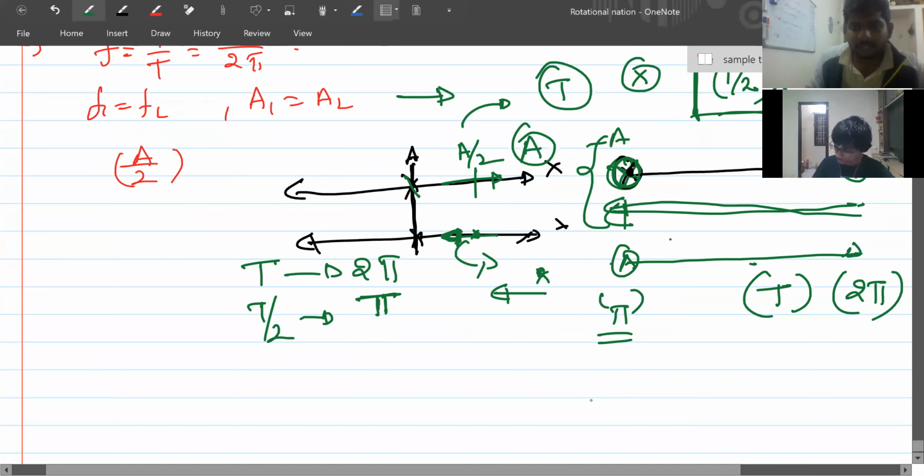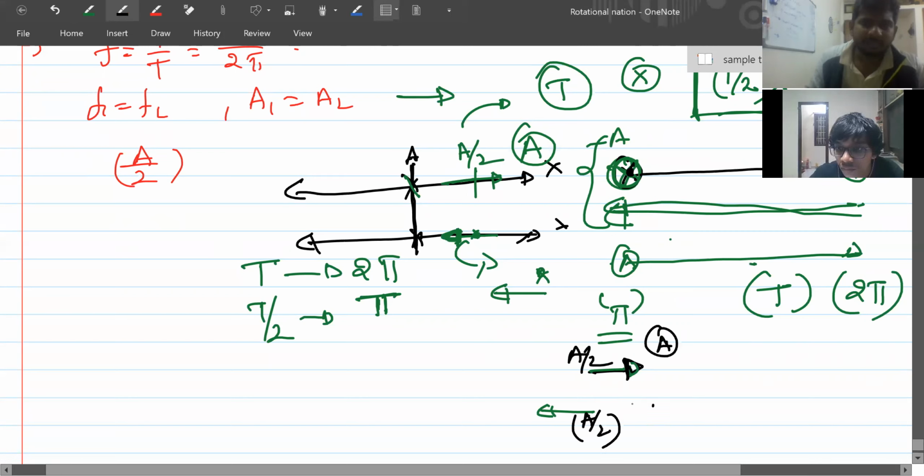So now, one particle is coming like this, one particle is going like this, right? Try to find out the time difference between both of them. You see how much time difference is there. From A by 2 to A it has to go, then from A to A by 2 it has to come back, right? What is the time difference you see here?